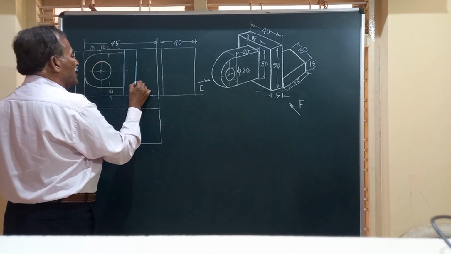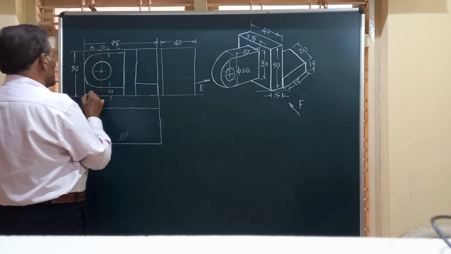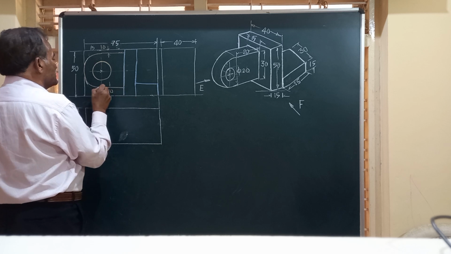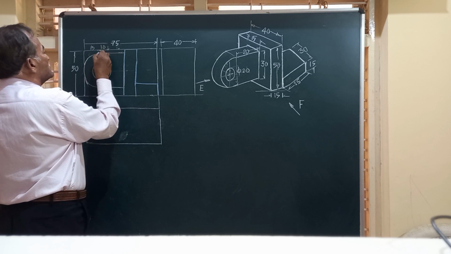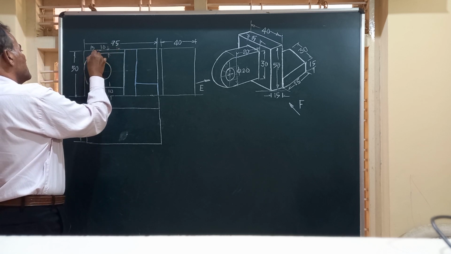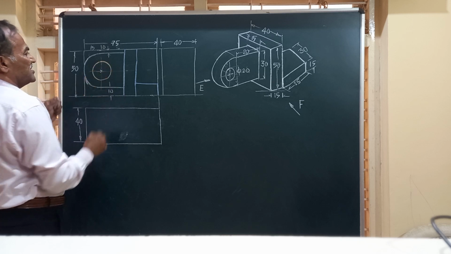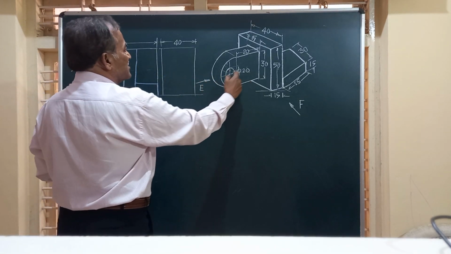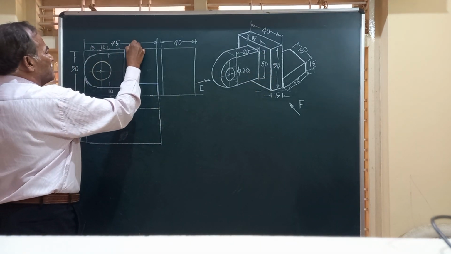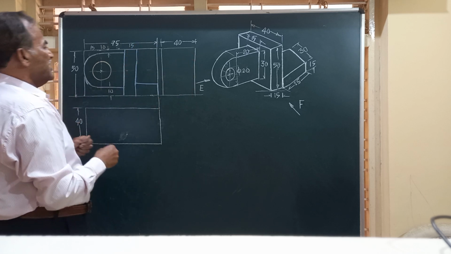So this is turned a little above this, and you are going to have one more line. Friends, this is how the object looks. Up to here only you are going to have. This will complete it. The circle is there, the semicircle is there. So this part is this, and then 50 by 15, this is 15 mm wide and this height is 50, which I have shown here at the end.